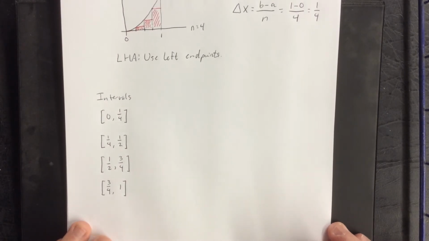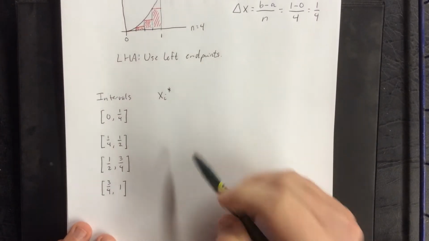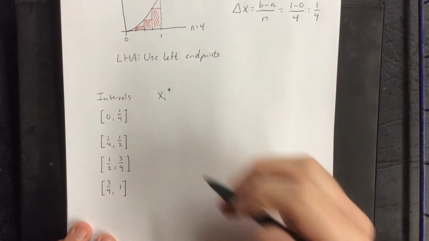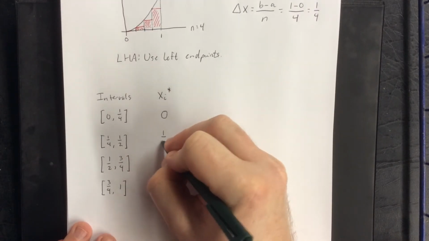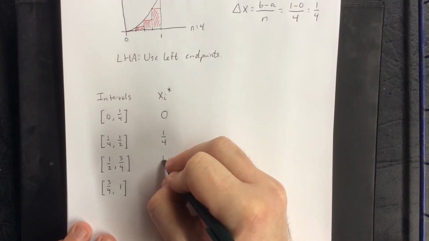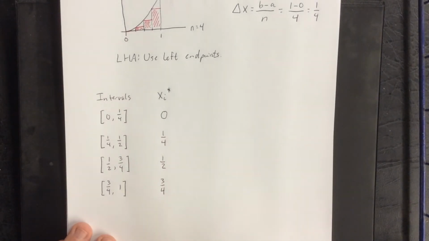Now, we are using a left-hand approximation, so when I refer to x sub i star, the x value that we'll use to create these heights, we're going to be using the left endpoint. So 0 for the first one, 1/4 for the second one, 1/2 for the third one, and 3/4 for the fourth one.